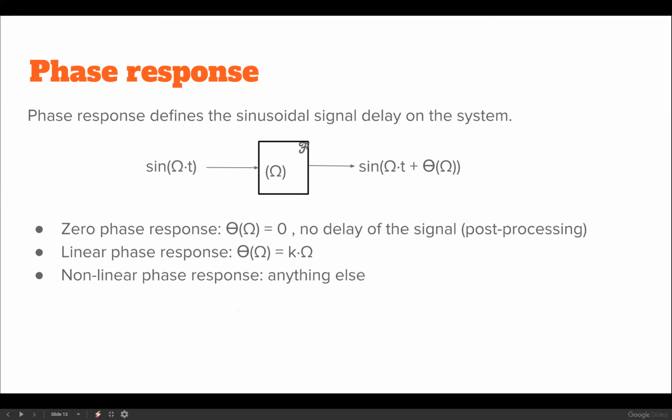Anyhow, for systems which require linear phase response, you would always go digital. And with digital, you would always go with linear phase response systems. Zero phase response, post-processing only, because this actually is a non-causal system.